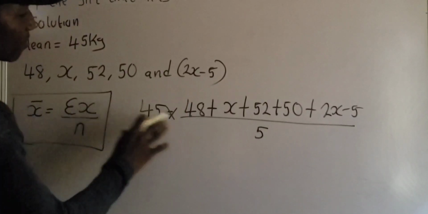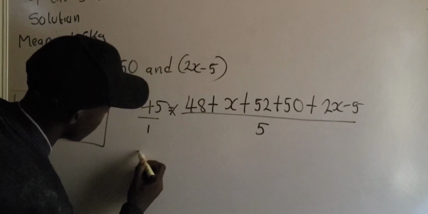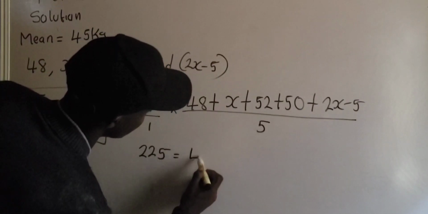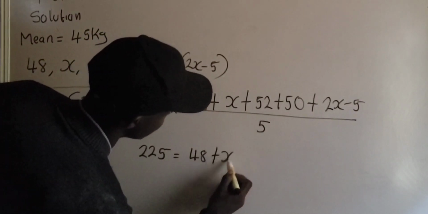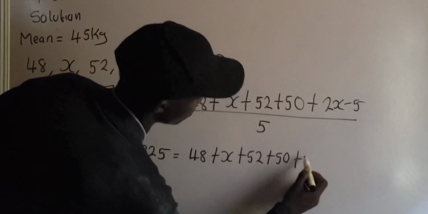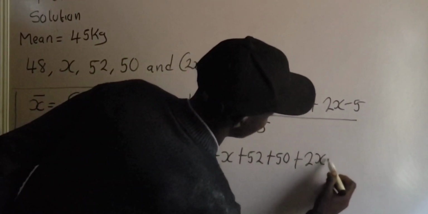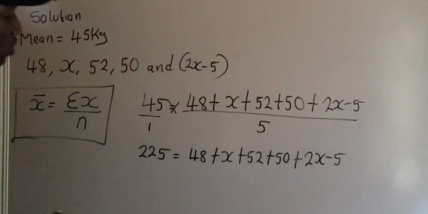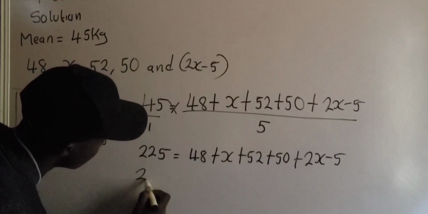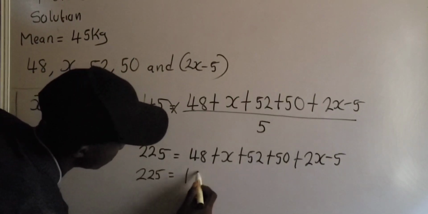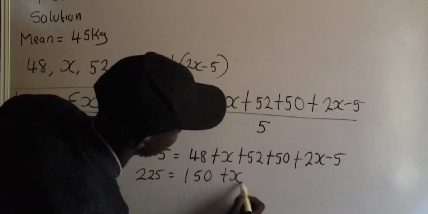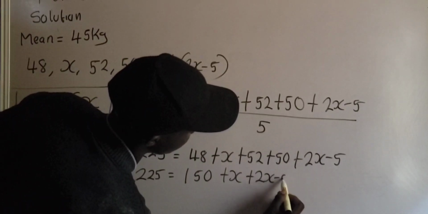So 45 multiplied by 5, that is 225, equals 48 plus x plus 52 plus 50 plus 2x minus 5. You understand? So 48 plus 52 plus 50 gives me 150. 150 plus x plus 2x minus 5.